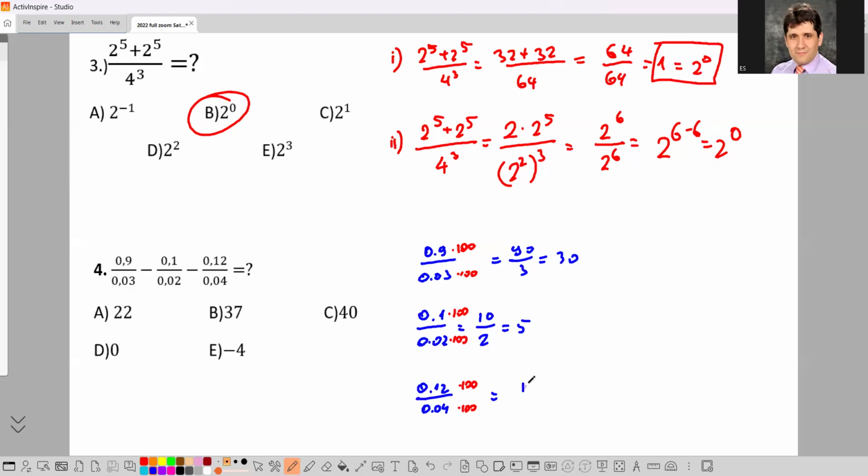We get 12 over 4, which is 3. And getting these values and substituting here, we get 30 minus 5 minus 3. That's 22. So answer is A.